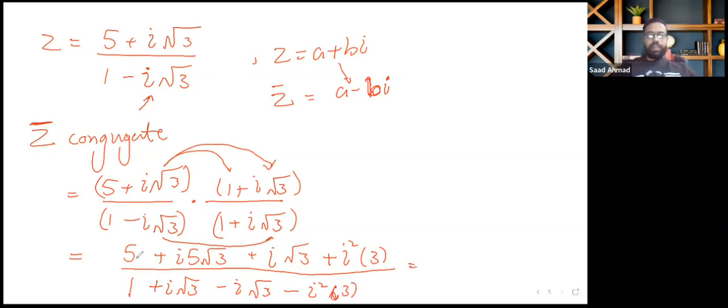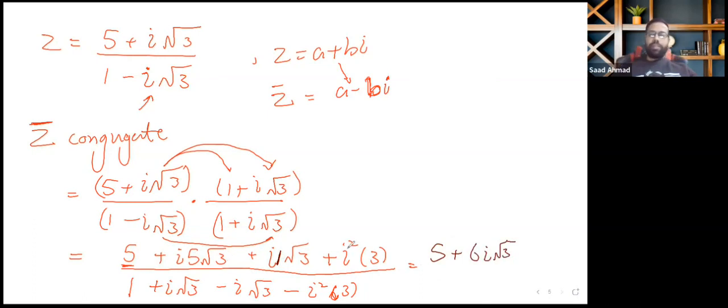So now let's combine the like terms. This 5 is a number, but the i terms we will see if we can add them. So we have i square root 3 and this is 5i square root 3. That will add up to 6i square root 3, because they are like terms.